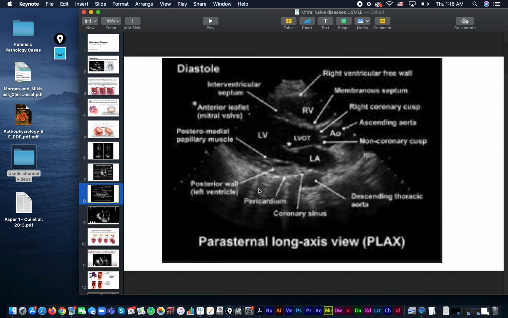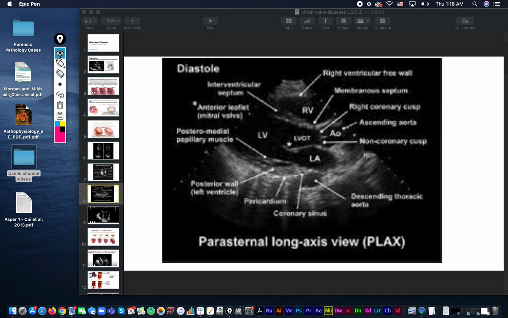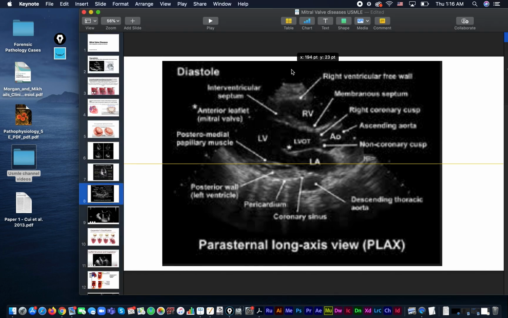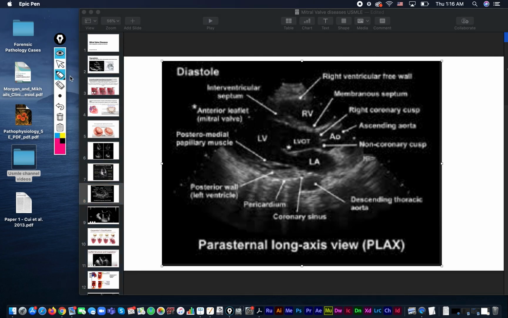Okay, parasternal long axis, a lot easier to interpret than the two-chamber. So basically, the ultrasound probe is coming from here.